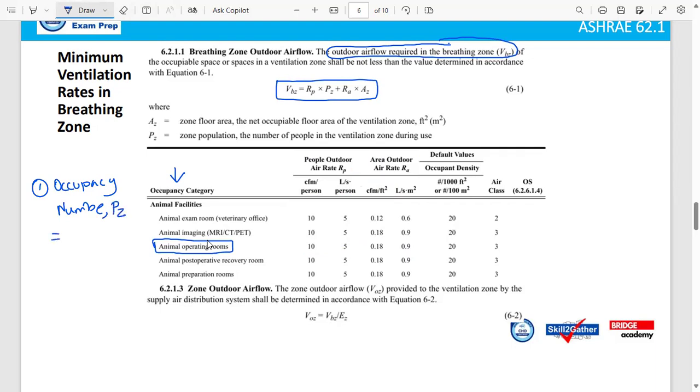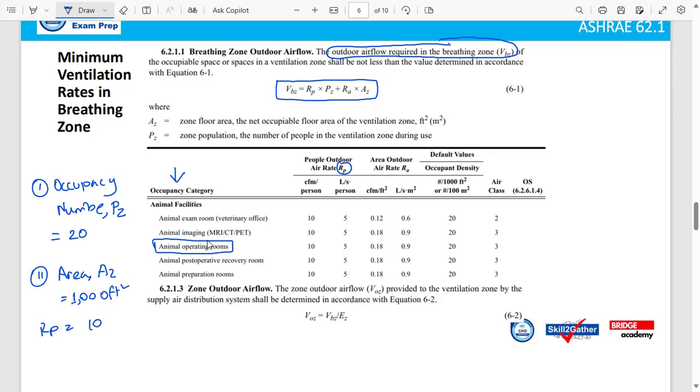So let's say there are about 20 people inside. And secondly, you need to know the area. The symbol is AZ. Let's say the area is 1000 square feet.